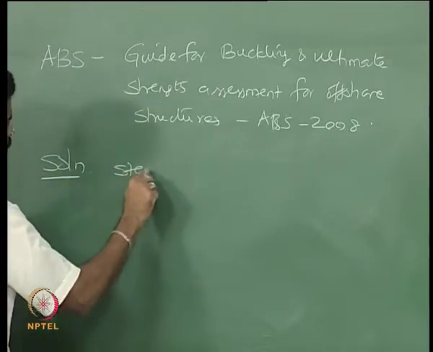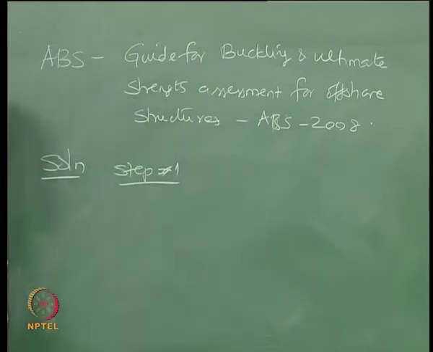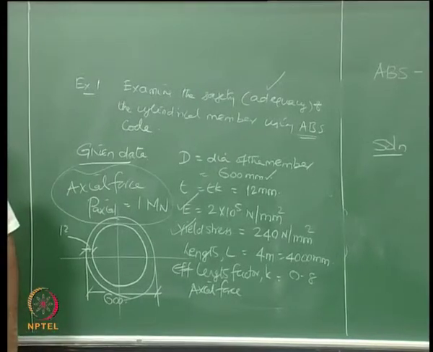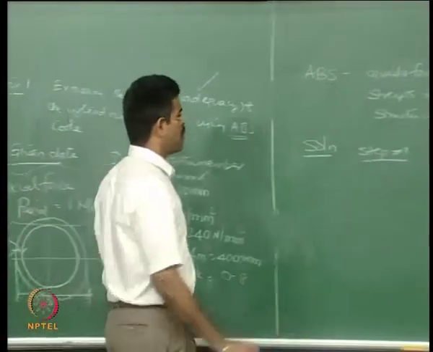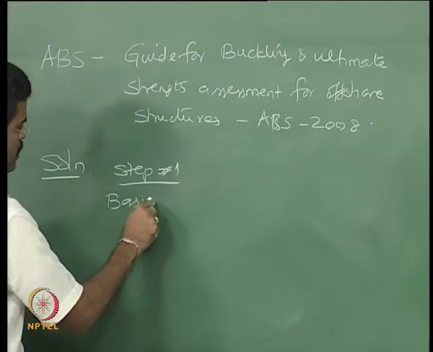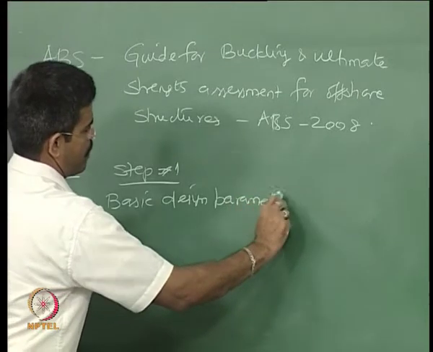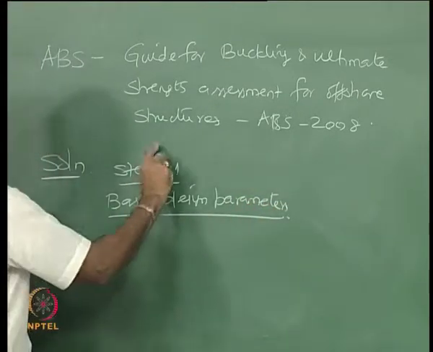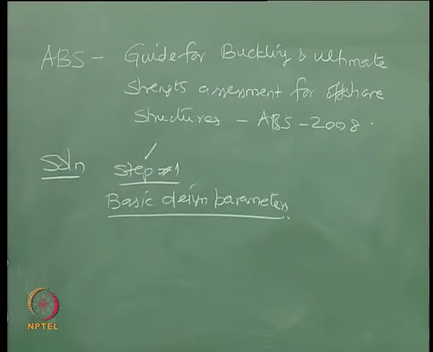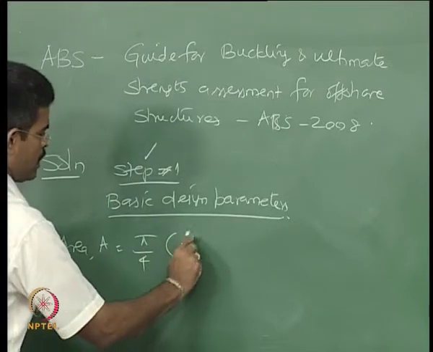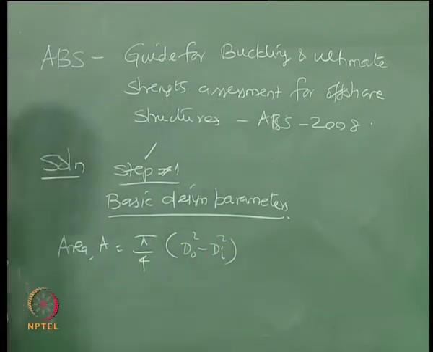Step number 1. We know the data given to me are the following. I will work out basic design parameters. That is what I am going to do in step number 1. So I will find out the cross sectional area, which is nothing but pi d square by 4, d outer minus d inner.